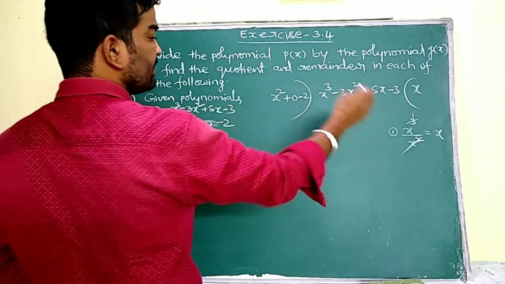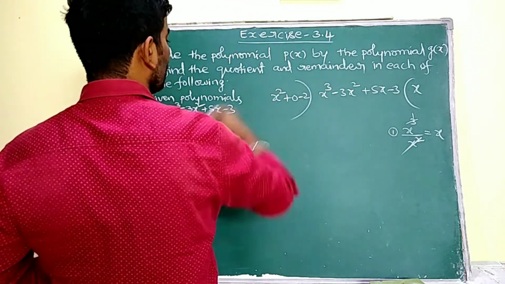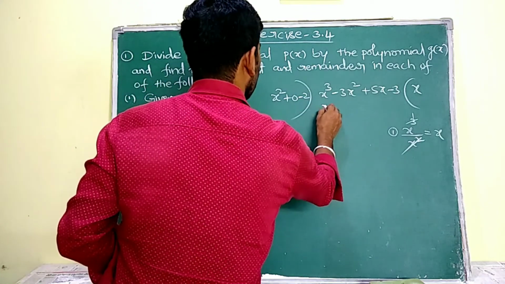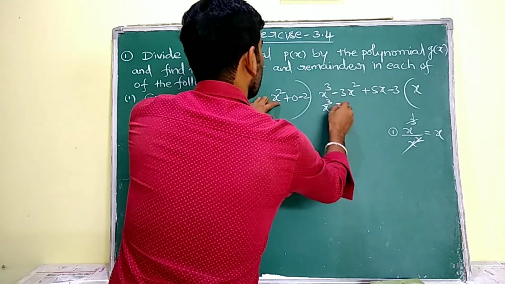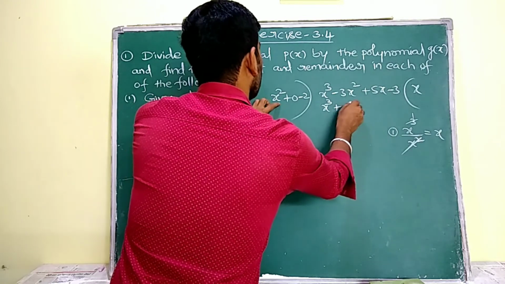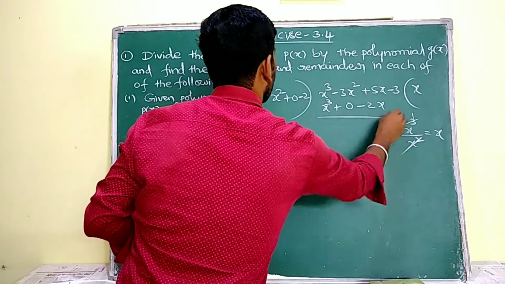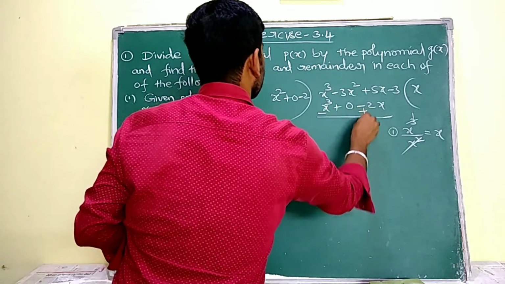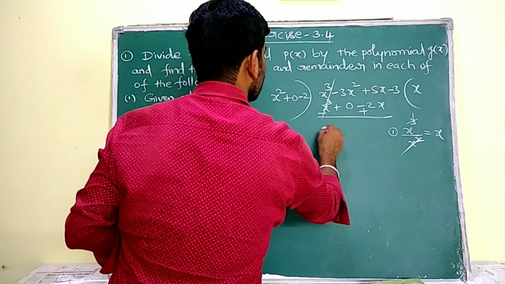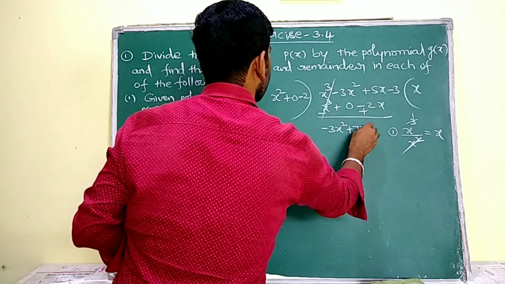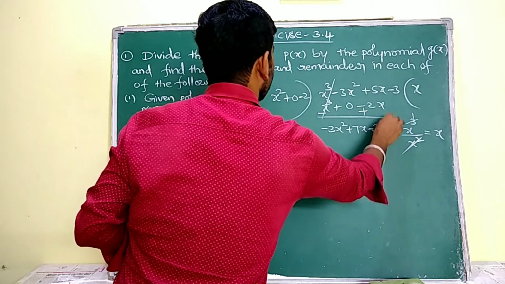Now multiply that x to the divisor, x square minus 2. That is x into x square, x cube, next x into 0, 0, and x into minus 2, minus 2x. We have to change the signs. These two are going to be cancelled. Minus 3x square plus 7x minus 3.